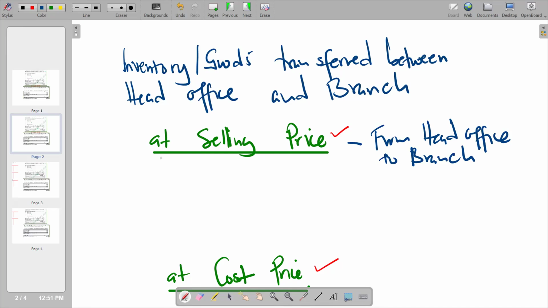So they're going to be debited in the branch inventory account. So we are saying double entry involved: we debit branch inventory, and we credit inventory to branch.